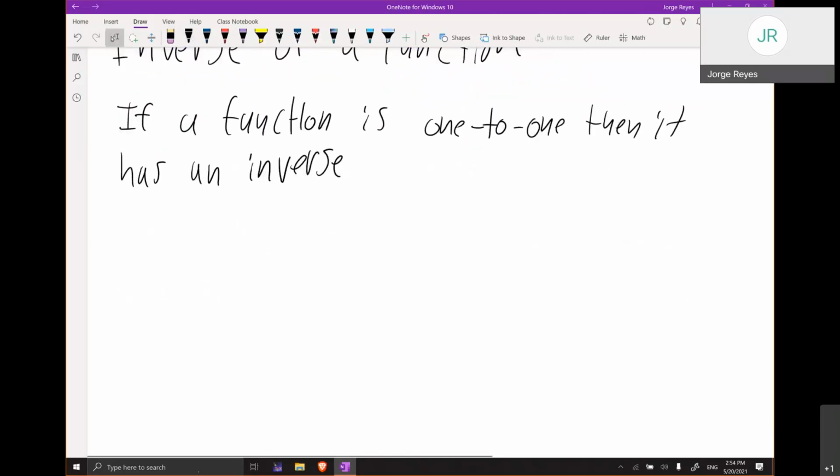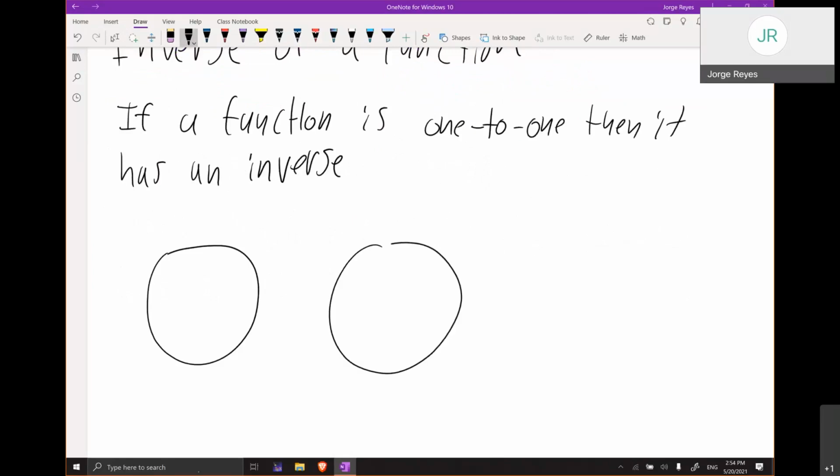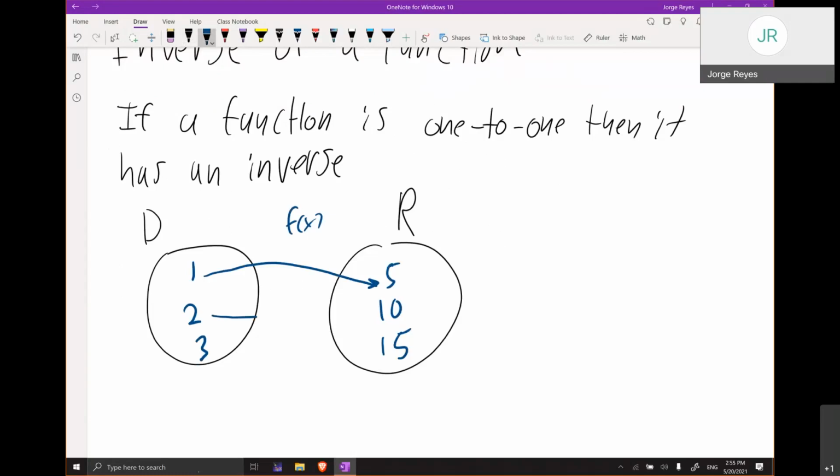So an inverse is the control Z of the math world. Let's pretend I have a function. It goes 1, 2, 3, and it goes to, I don't know, 5, 10, 15. And we know that a function is a rule. So this is what my function does.